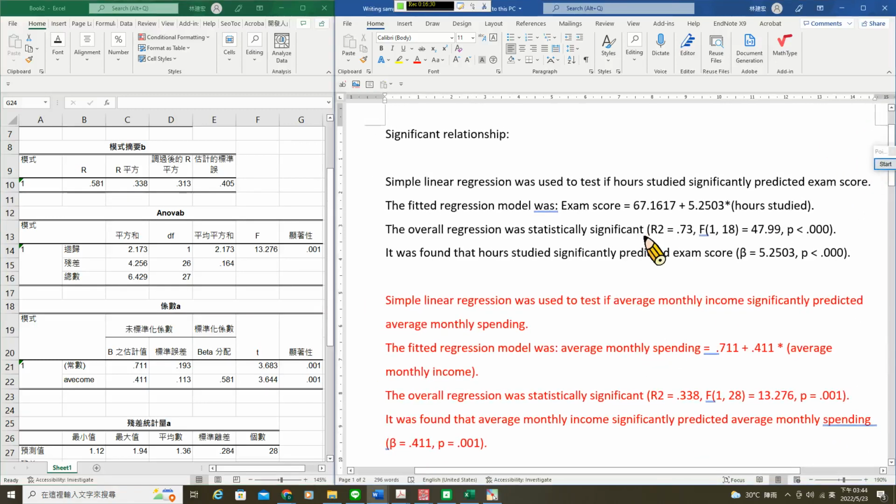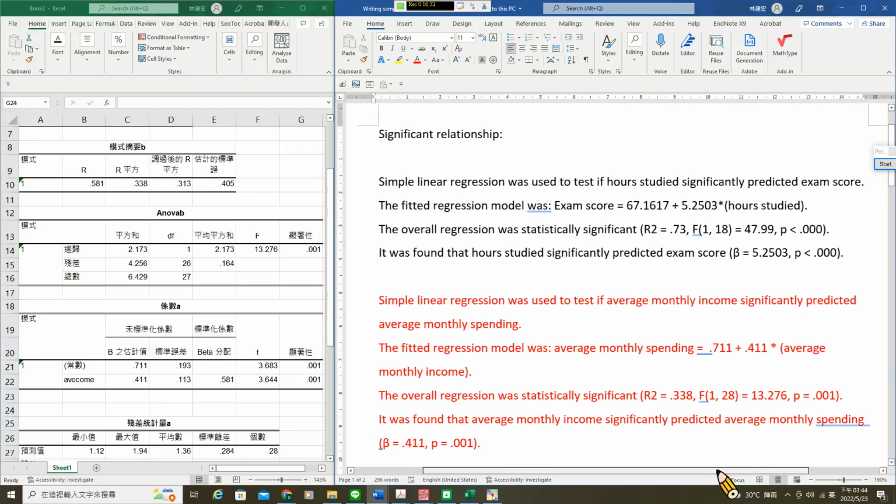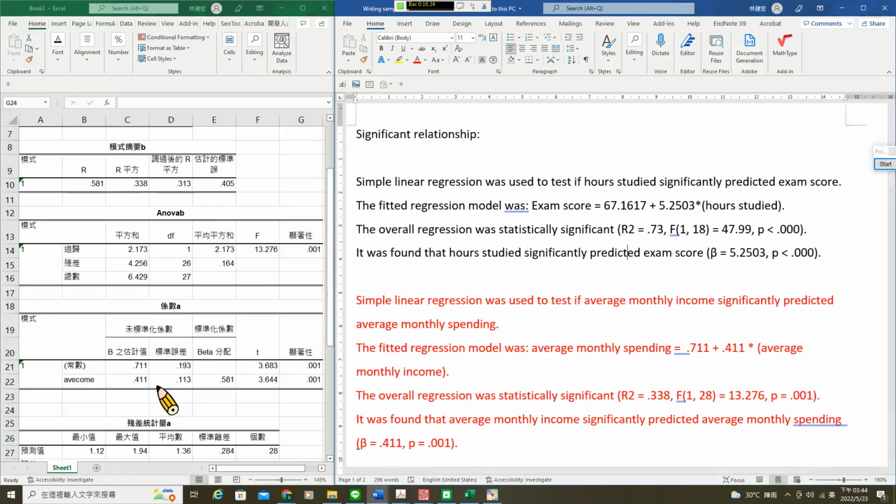My writing sample to report the result is here. Okay, so let me compare the numbers for you. Simple linear regression was used to test if average monthly income significantly predicts average monthly spending.